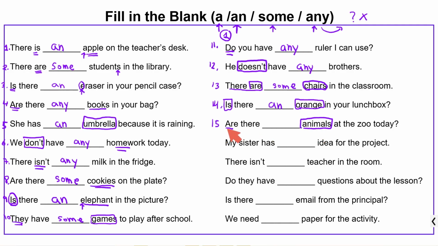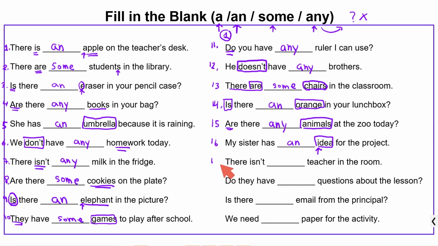And here is our hint, "are there." And we're asking a question, so our best answer will be, are there any animals at the zoo today? Number 16. My sister has blank space idea for the project. Idea is singular. So we will be using an because idea has the letter I, it's a vowel. So my sister has an idea for the project.